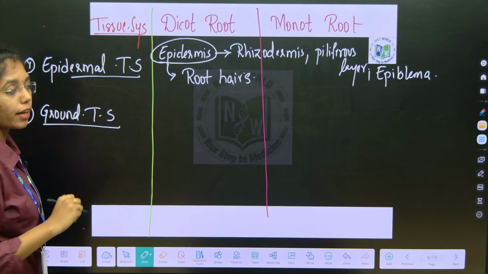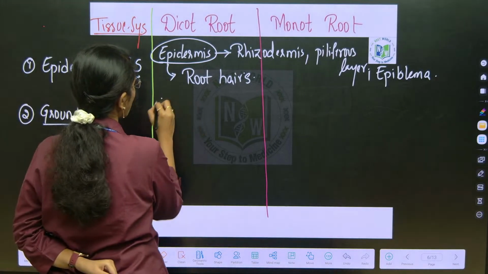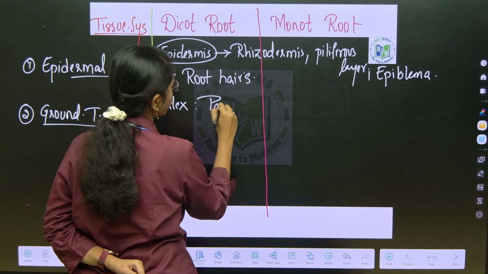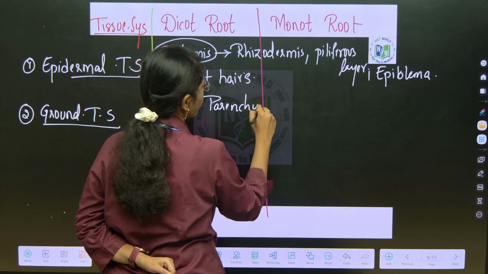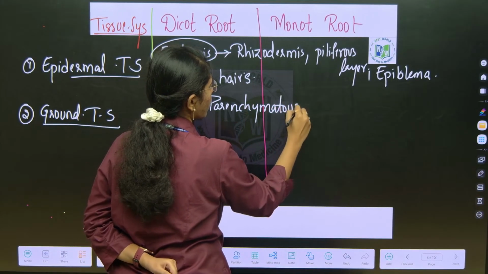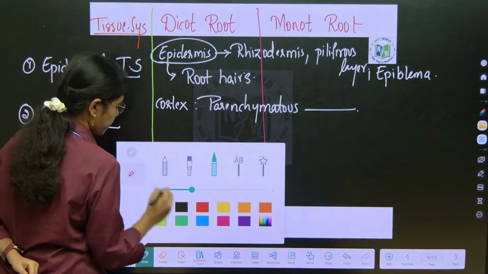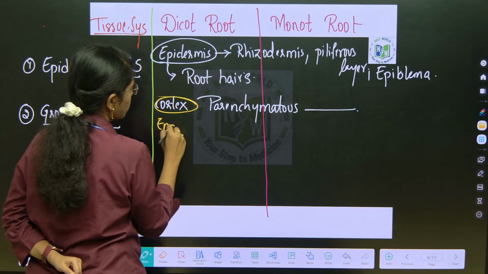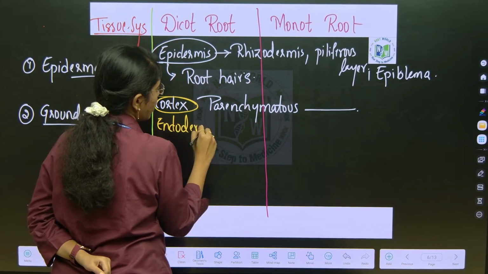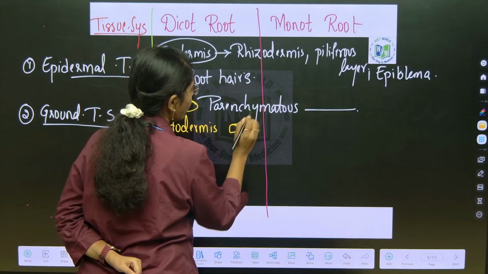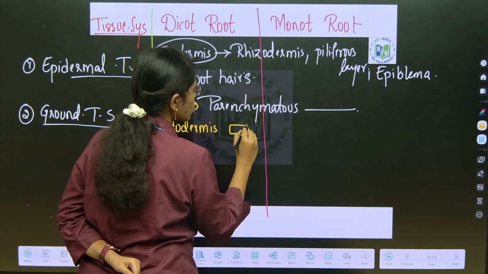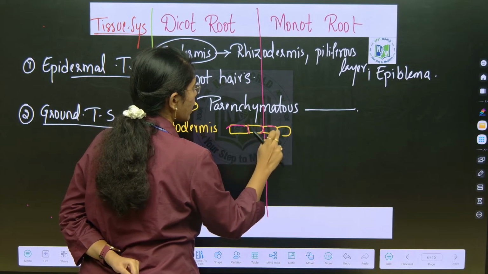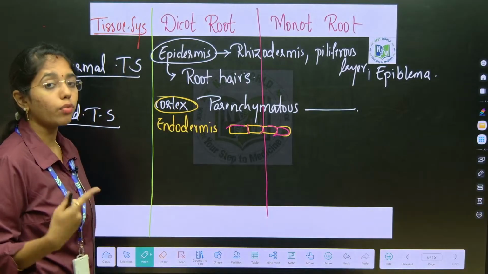Ground tissue system in dicot root and monocot root: both have cortex. Cortex is parenchymatous. Then both have endodermis. In endodermis, the cells have what depositions? Suberin depositions in the radial and tangential walls. These suberin depositions will prevent what water movement?